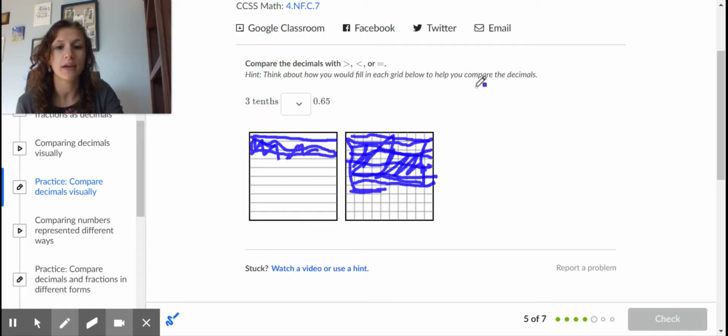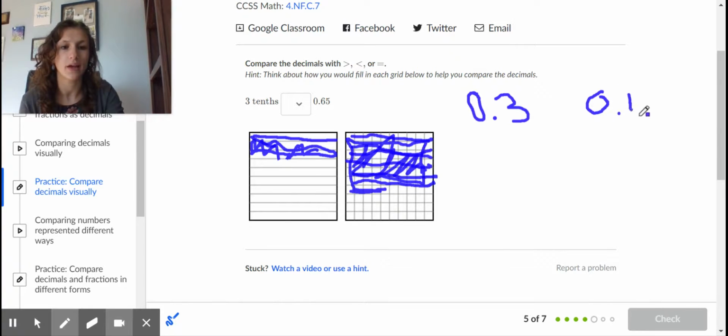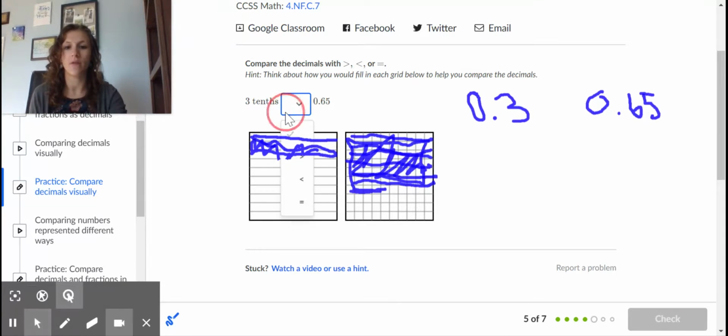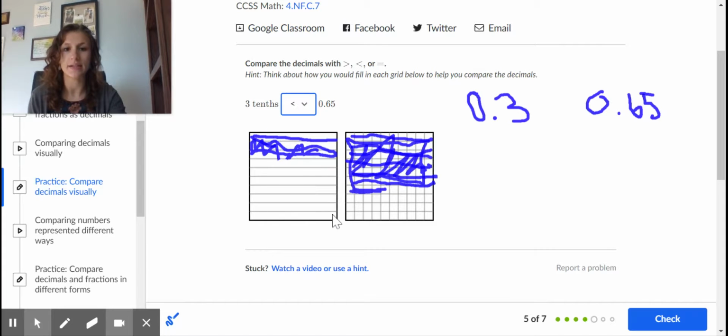We could also think about it as 3 tenths versus 65 hundredths. Again, I'm looking at that greatest place value to start comparing. 0, 0, those are the same. I move to my next greatest place value, which is my tenth. 3 tenths versus 6 tenths. 6 tenths is greater, which means that overall our 65 hundredths is greater.